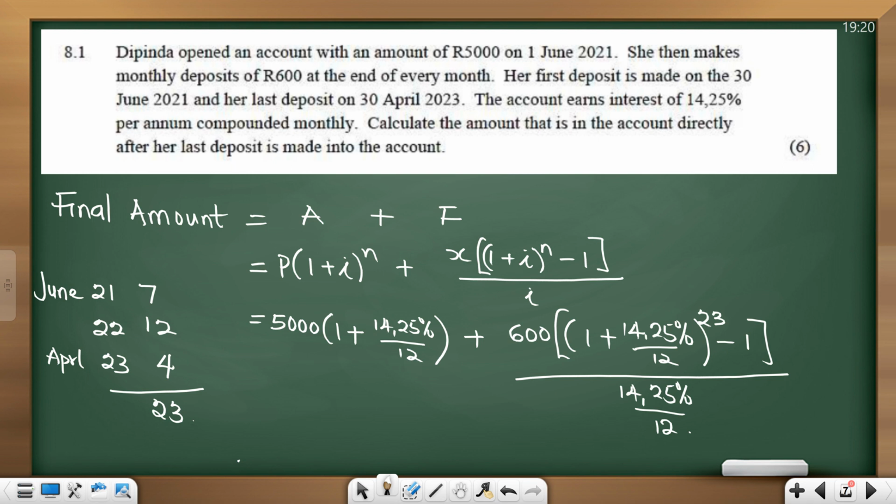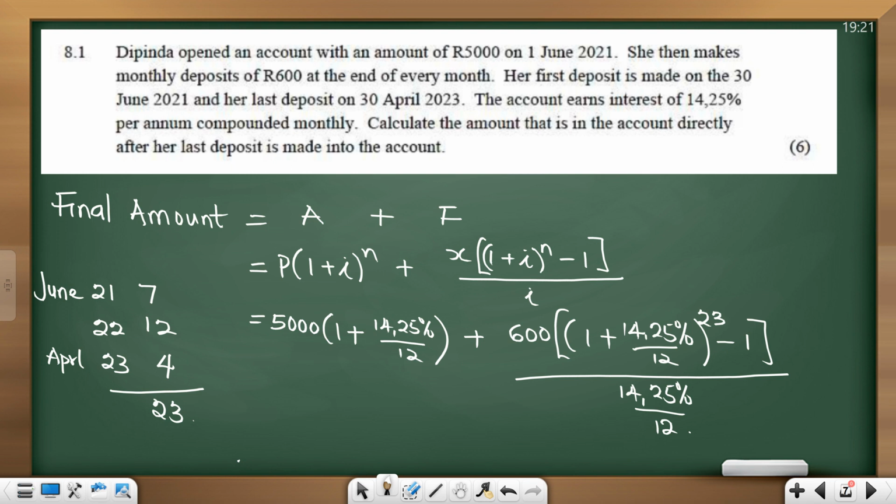Okay. What is the one for the first one? The single deposit. Right? Okay, hold on. It's a single deposit, right? When will it start growing?